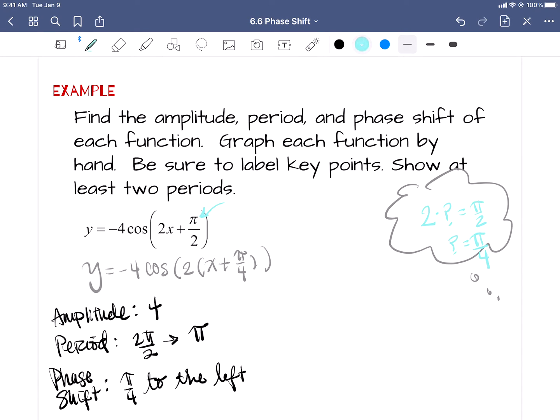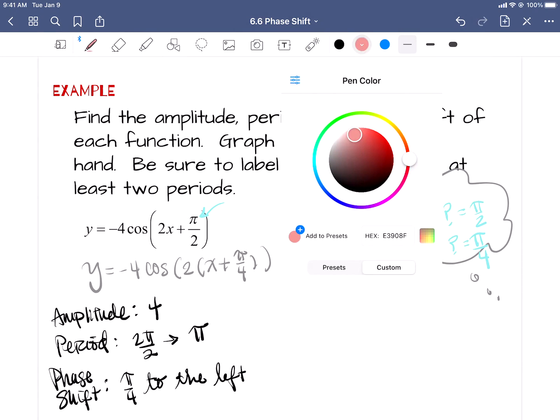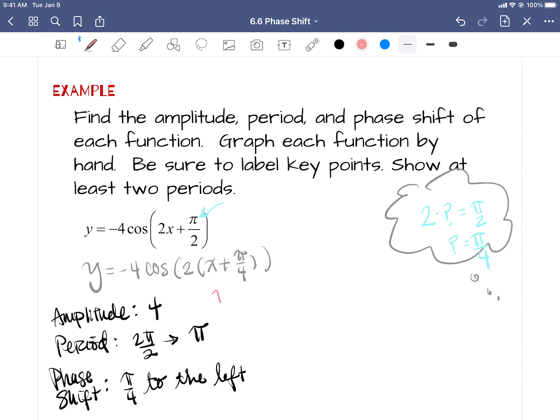Right? Pi over 4 to the left. He went x minus negative pi over 4. All right. That's my phase shift.